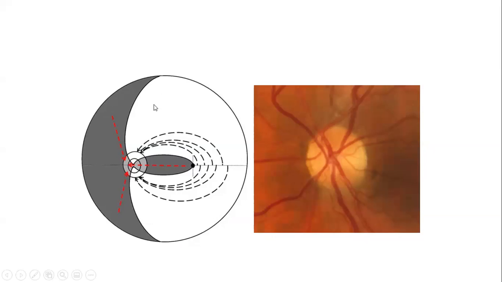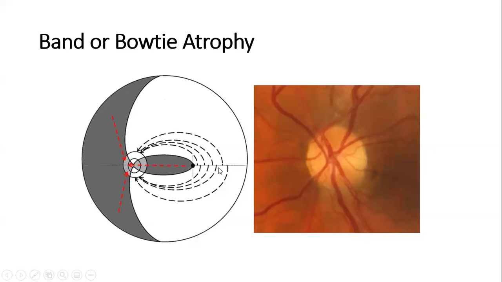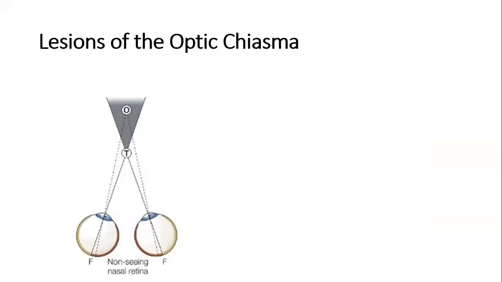Now when both these fibers are getting damaged, here we'll get a pallor, again here we'll get a pallor. So this is called a bow tie or band optic atrophy. So here we can see superiorly and inferiorly there is not much pallor, whereas nasally and temporally there is significant pallor. So this suggests there is an optic chiasmal lesion.